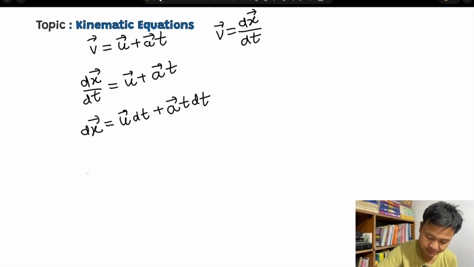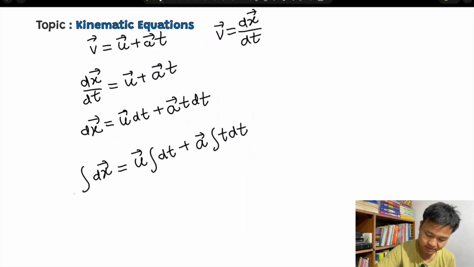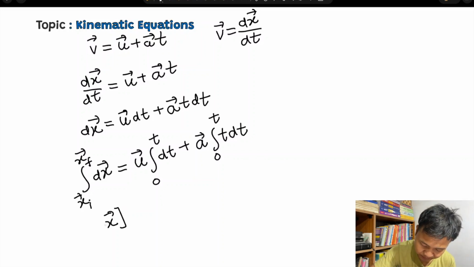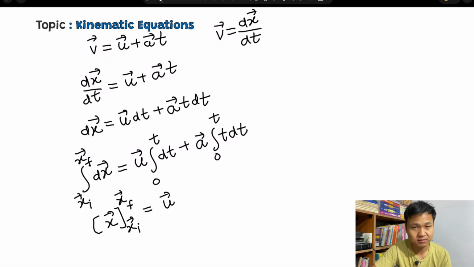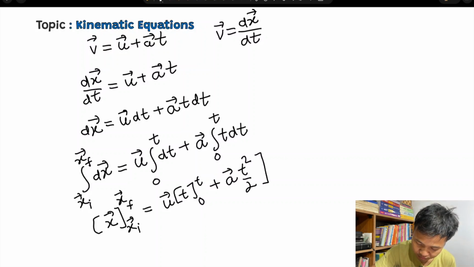So you integrate again. The integral of dx equals u, which is constant, and similarly a is also constant, so it comes outside. The limits are x initial to x final, and time from 0 to t. The integration of dx gives x from x initial to x final, equals u into the integral of dt, which is t, plus a into the integral of t dt, which is t squared by 2, from 0 to t.